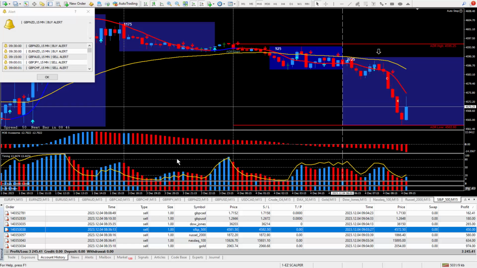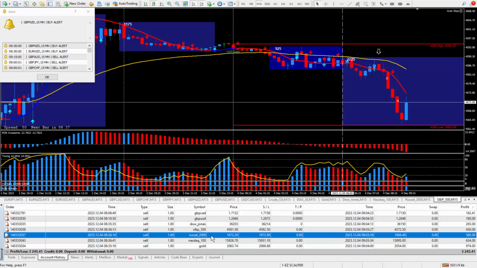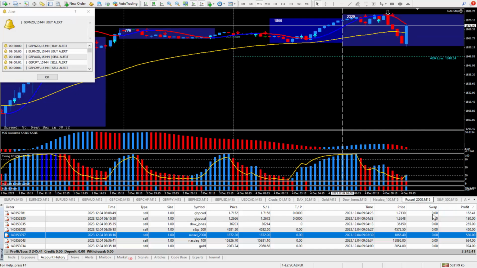Okay, let's move on to the next trade, which is the Russell. Now on this Russell, it pays $10 for each tick. So let's pull up the charts. Russell, so the money divided by 10, well, looks like it should be 58. So let's see where I got in at first of all.